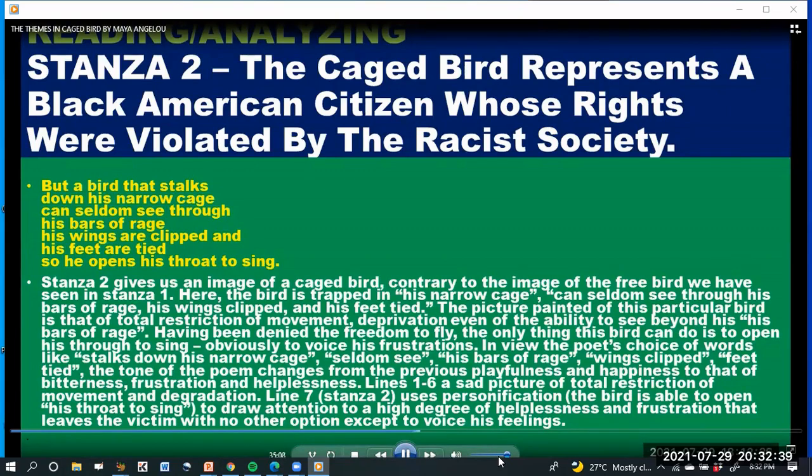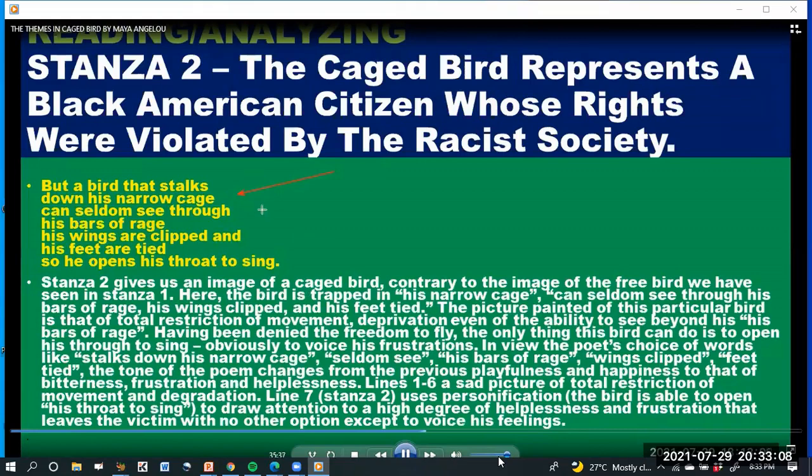That is, the freedom of movement, the right to move about, is taken away, is violated by the racist society. All right? And then the wings are clipped. This refers to the deprivation, the limitation that the average Black American suffers in that society. All right. So, and a lot of other deprivations.